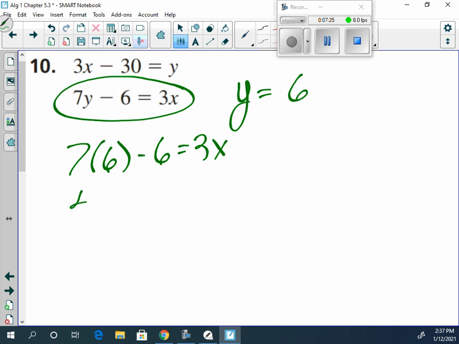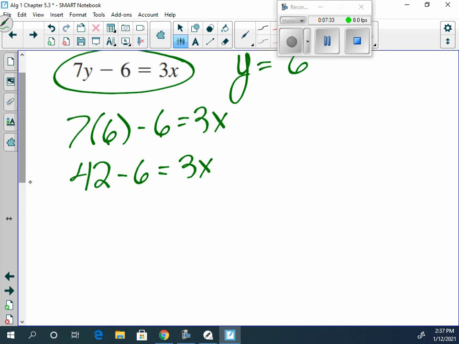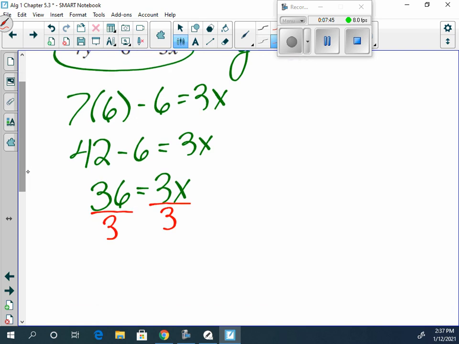So 7 times 6 is 42, minus 6 equals 3x. Well, 42 minus 6 is 36. We would need to divide both sides by 3 to get x by itself, because 3 divided by 3 would give us just x.